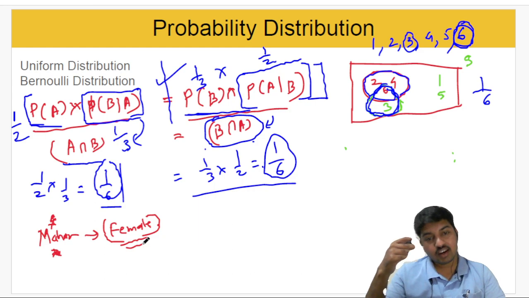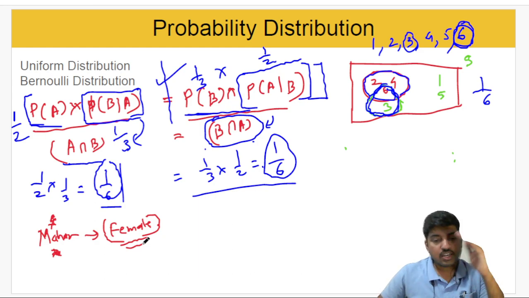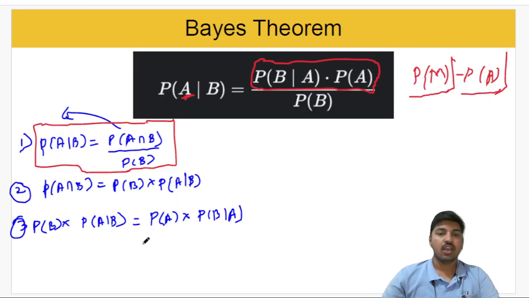I have selected a person who is female. Now I want to know the probability that she will be from Maharashtra. This is the problem which is solved by Bayes theorem. Okay, so here we are just using this formula and substituting the values of this formula.